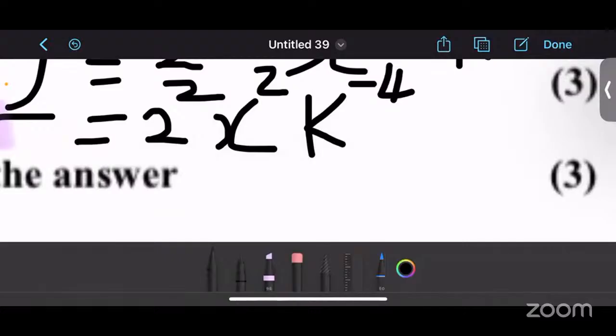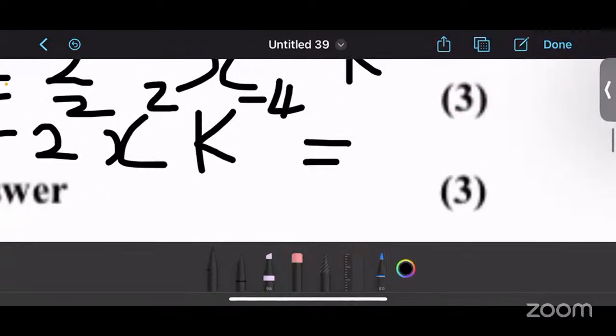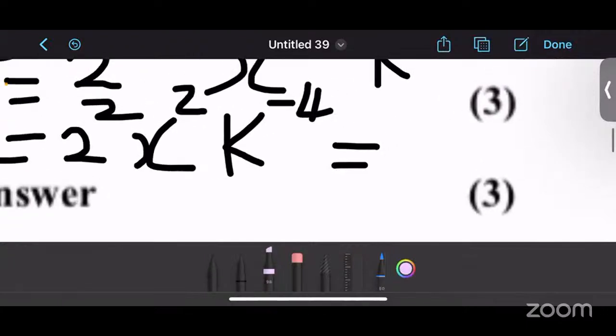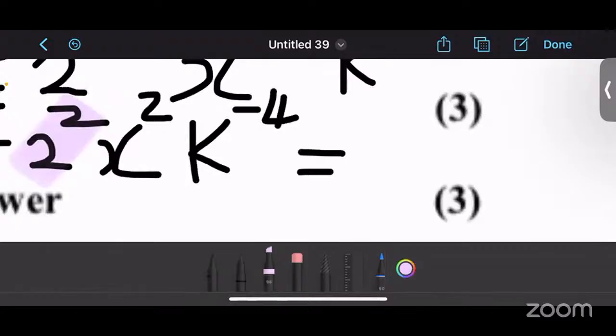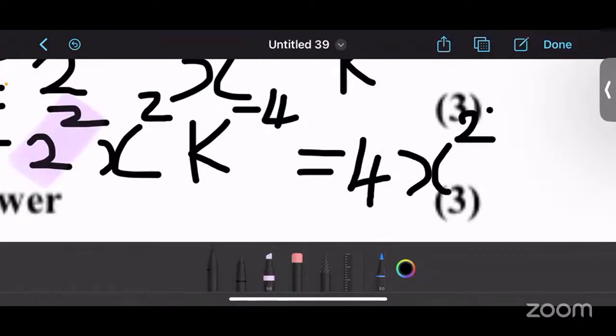So this is my second last step, and my final step would be to simplify the 2 to the power of 2. So my 2 to the power of 2 is equal to 4, and my x to the power of 2 is still remaining as x to the power of 2, and then my k will also remain as k to the power of -4.